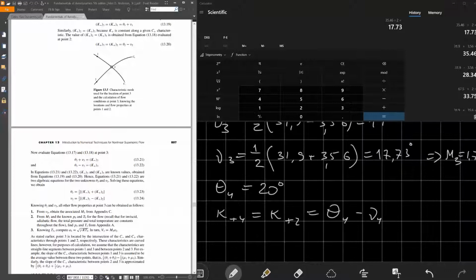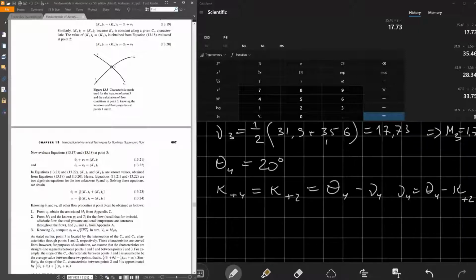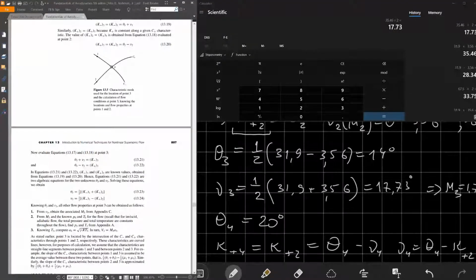So here, let's see that mu 4 would be equal to the difference, right? Theta 4 minus K minus 2. I hope that's okay. Let's put the values here and find out. So the direction is 20 and minus K minus 2, it will be minus 35.6.